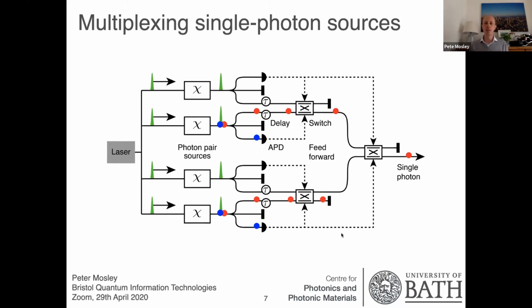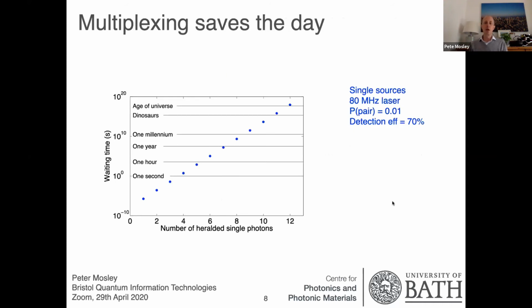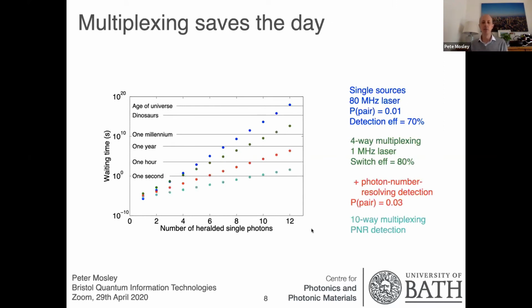And by combining the probability of generating these heralded single photons across lots of different sources or lots of different modes, we can really increase the probability with which we can deliver these heralded single photons. And again, by picking some fairly arbitrary numbers, we can really reduce the waiting time for relatively large numbers of heralded single photons.